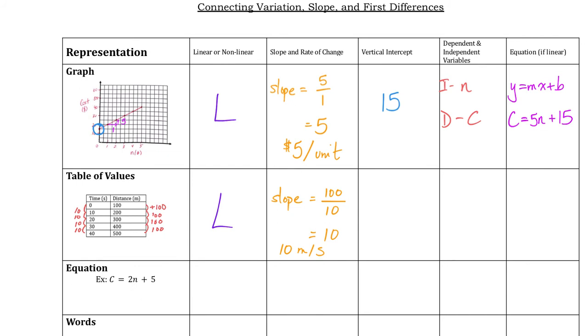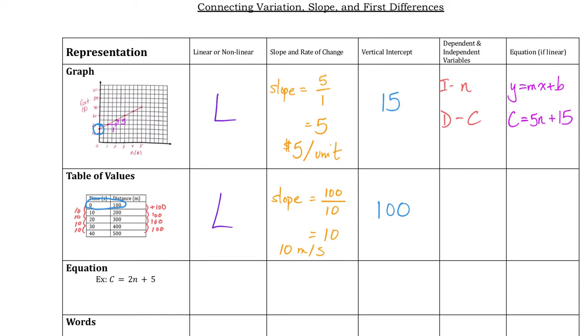If I look in my table, I can read my vertical intercept. Right there is my vertical intercept, and I know that it's my vertical intercept because my time value is 0. That means that my vertical intercept is 100.